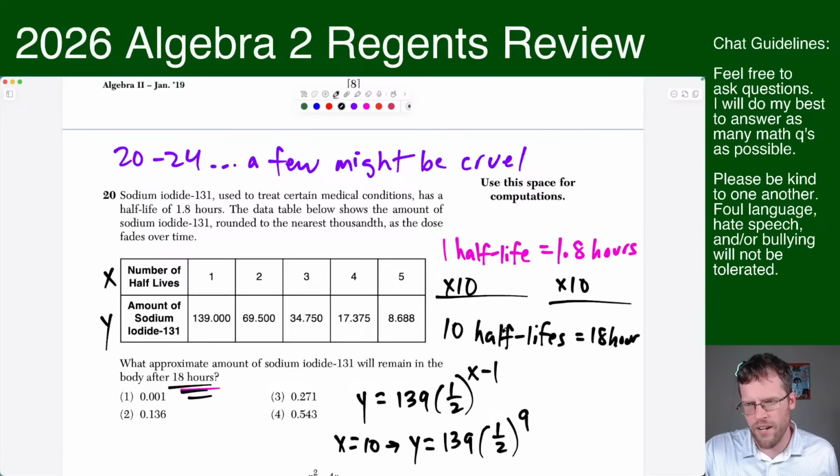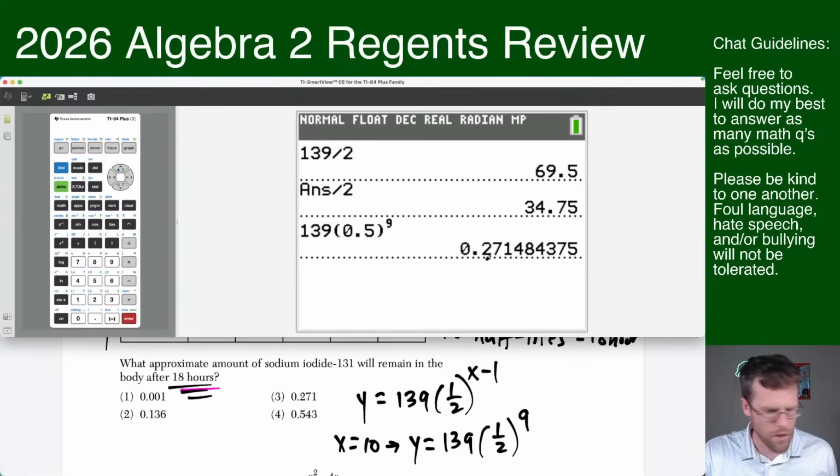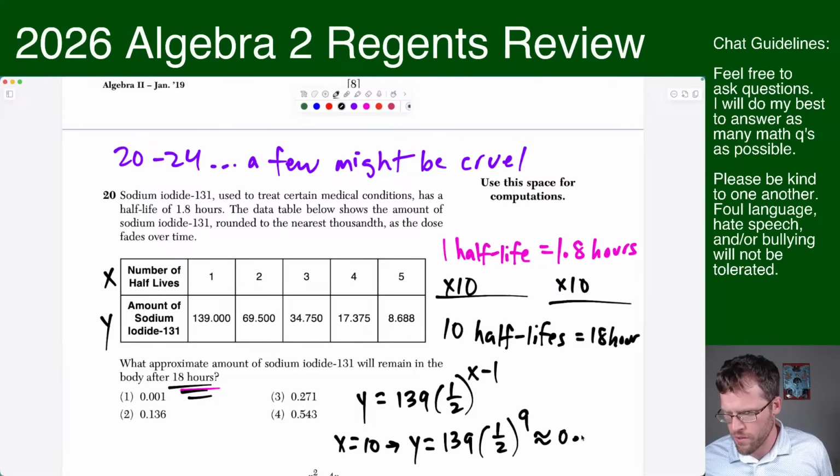I could just keep dividing by 2 a few more times, but I would lose track, so I would rather just type it in one shot. 139 times 0.5 to the power 9, and you get 0.271. So this is roughly 0.271, and this choice. Okay, cool.